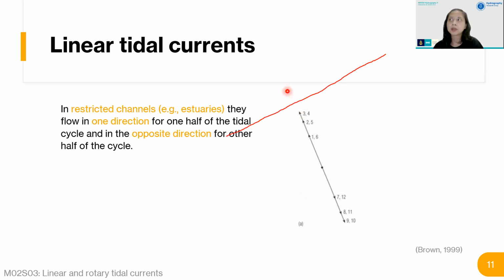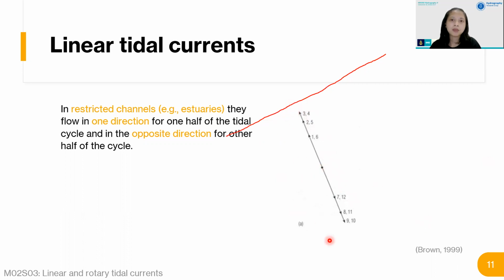For example, at 1 p.m. until 3 p.m. At 4 p.m. it's got the slack and it's going back, and the ebb happens. At 9 p.m. to 10 p.m. it's going back here. So that's a very simple explanation about tidal current. But of course, it only happens in a restricted channel. This cannot happen in an open sea.